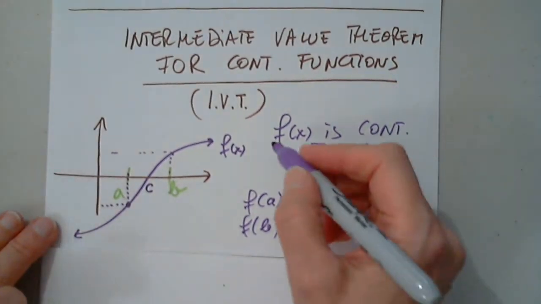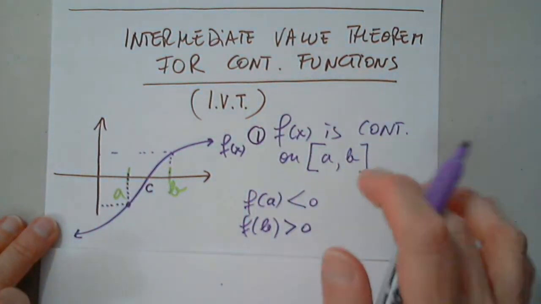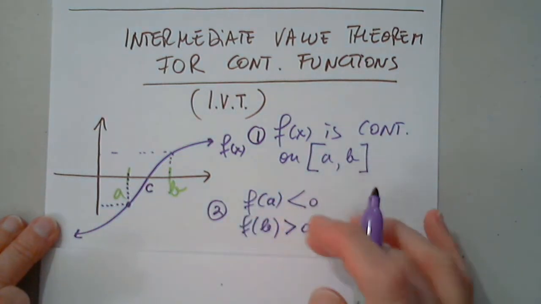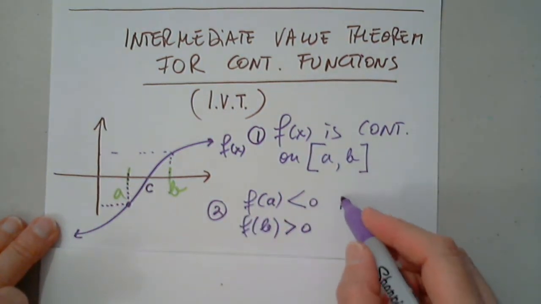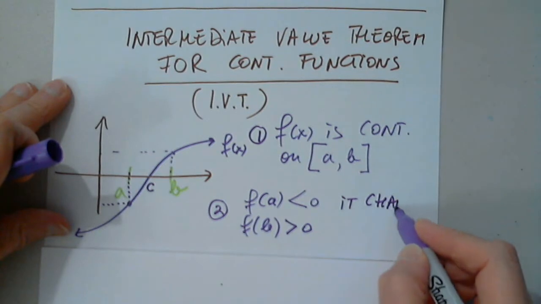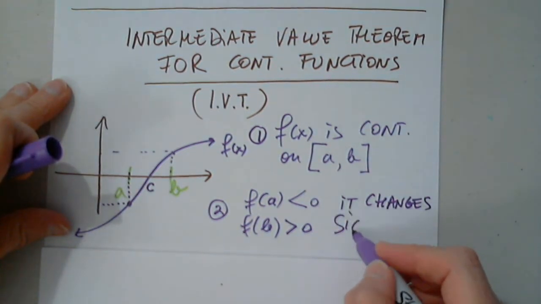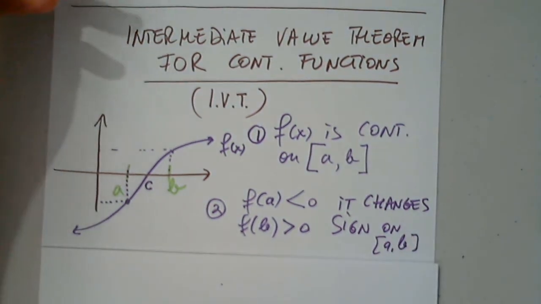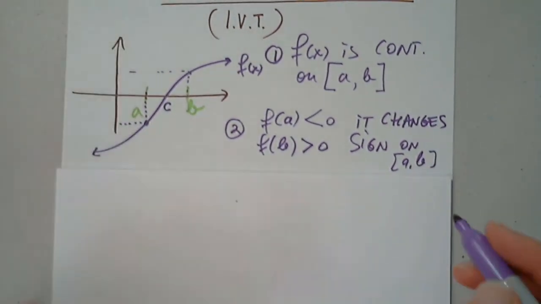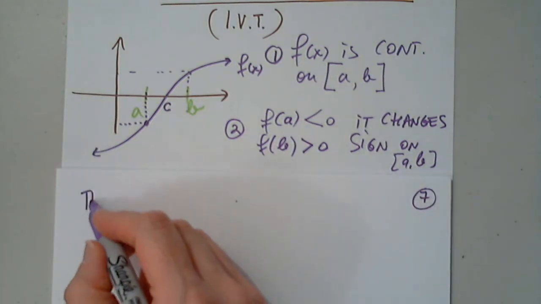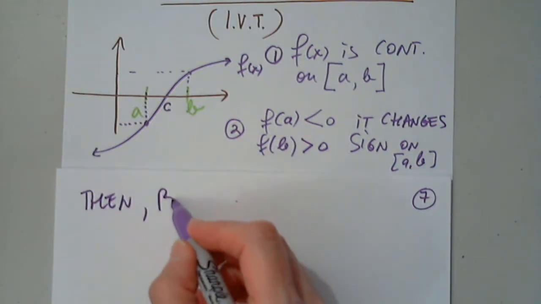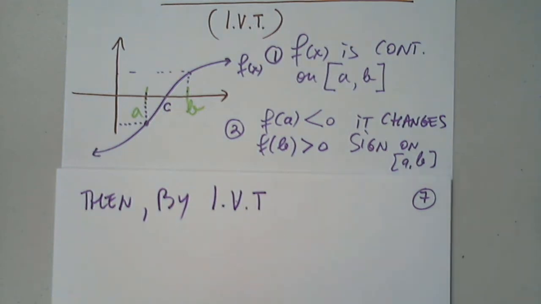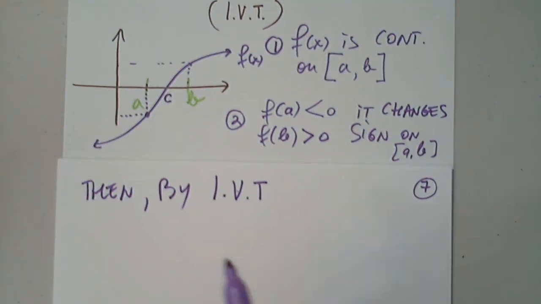so here's the first hypothesis. The function is continuous. This second hypothesis says, basically in plain English, it changes sign on a comma b, then by IVT, of course you know me, I like these symbols, there exists a c.